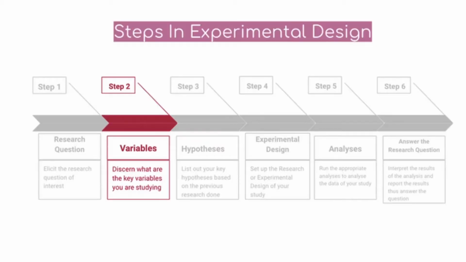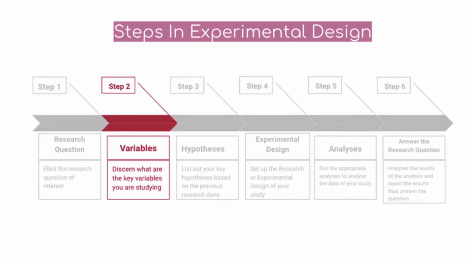Firstly, we're interested in studying variables because the goal of any field of scientific research, cognitive sciences and psychology included, is to discern what the key variables of interest are in a specific area of research that you are studying or conducting your studies in.